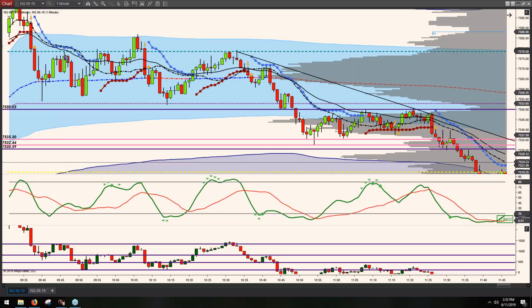Totally up to you how you want to enter those. But if it's holding resistance on the cumulative delta and it's holding resistance on price, you can short it, anticipating it trading down to the next support.